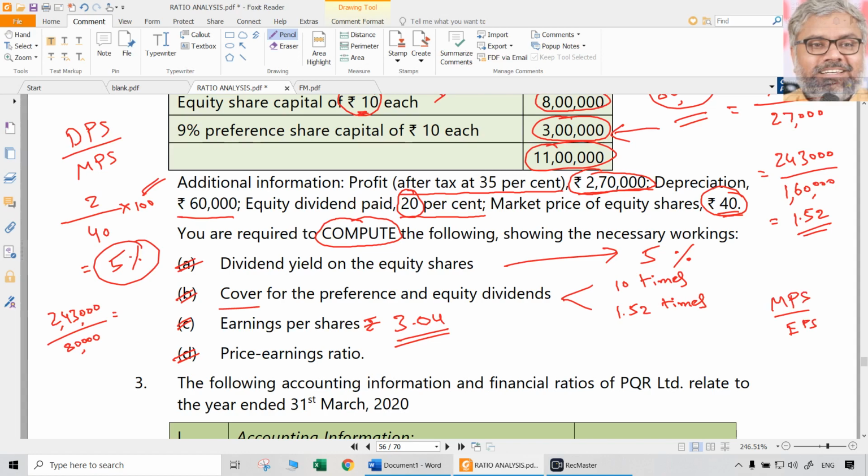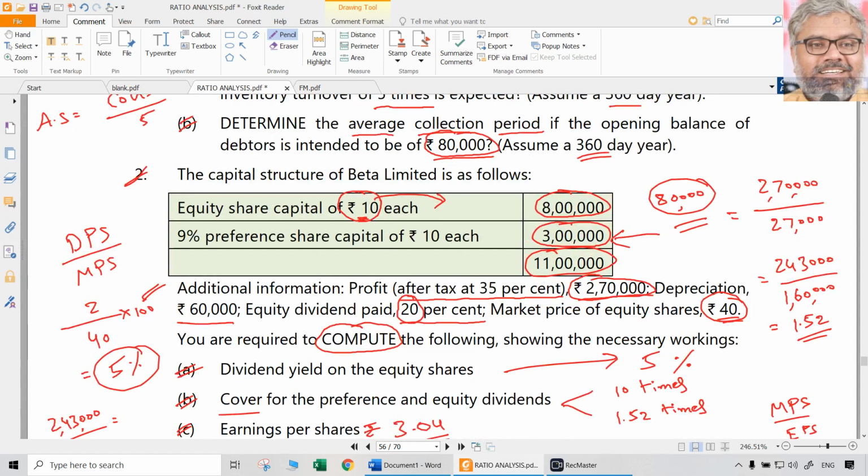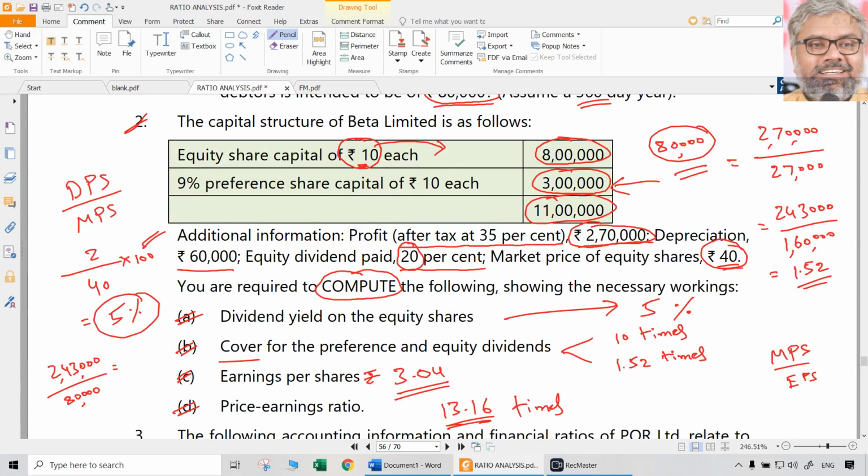So 40 divided by 3.04 will come to approximately 13.16 times. That is the P/E ratio. These are the answers for these 4 sub questions of question number 2.